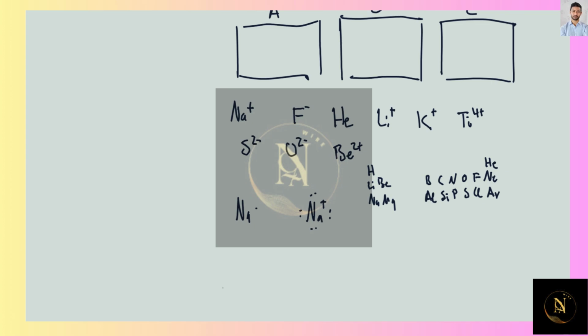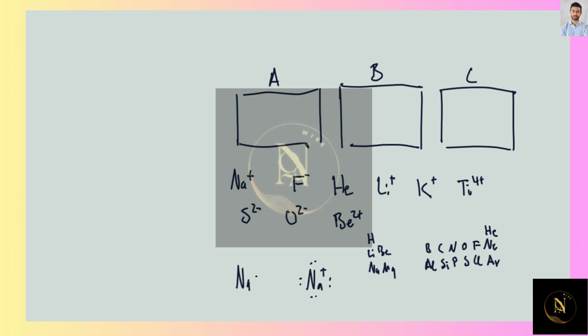Okay, so if we go from sodium to sodium plus, it's like we're zapping back and up. In this case, if we want to go back from sodium, that'll take us all the way back around to neon, the inert gas in the previous row.